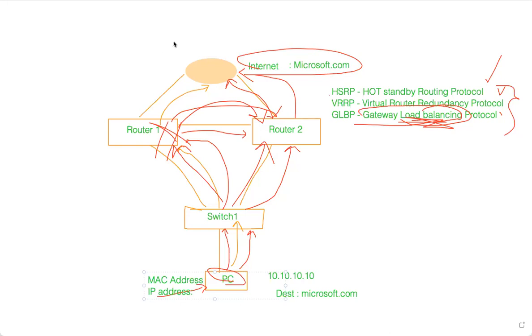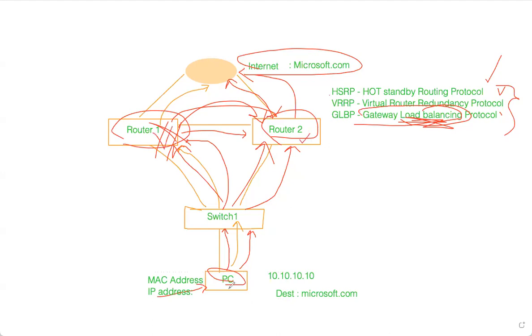Someone said something. Okay, let me answer that. The routers are where the ARP table lives because the routers are binding the IP address to the MAC address, right? So router 1 or router 2 will have the ARP tables.